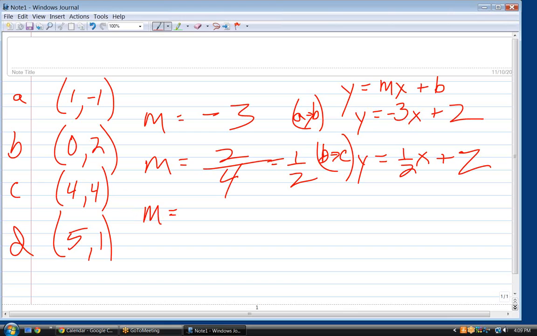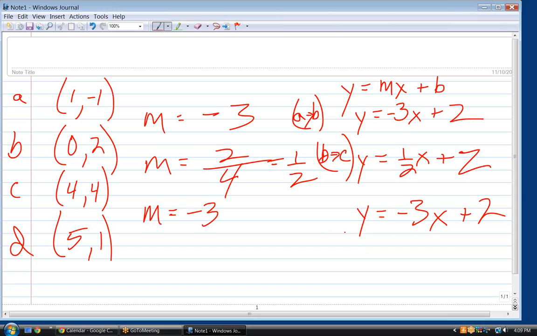Slope. -3 over 1, which is -3. Okay, so now we got y equals -3x plus b.